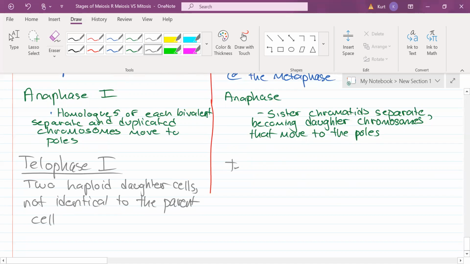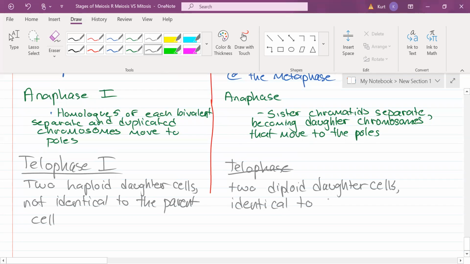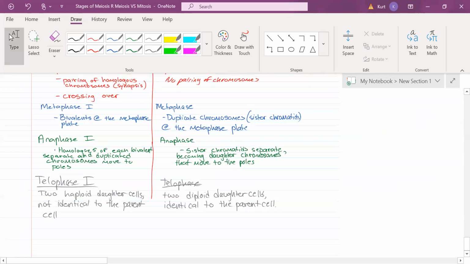And then in telophase, you have two diploid daughter cells, and they are identical to the parent cell. Okay?